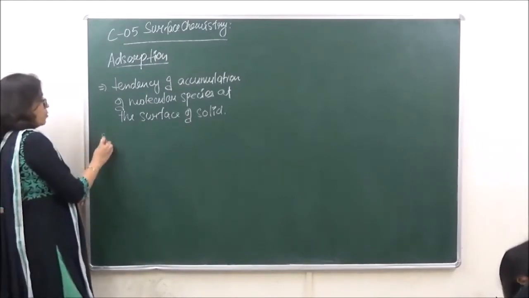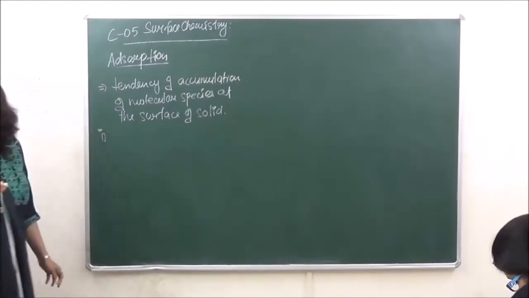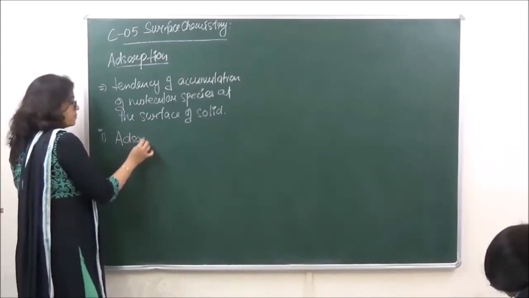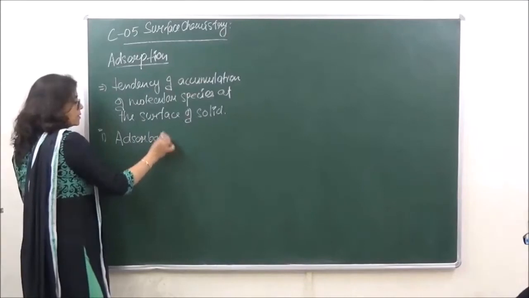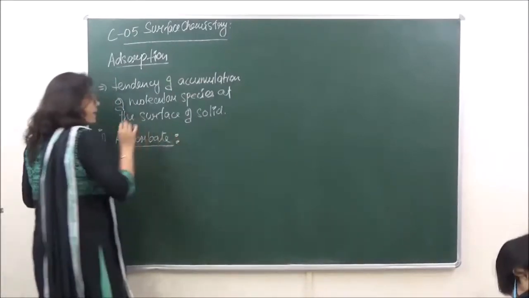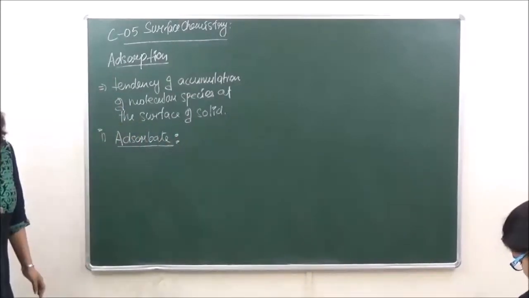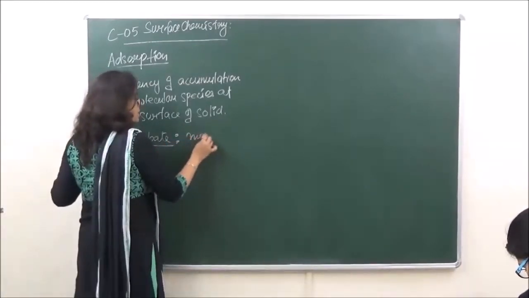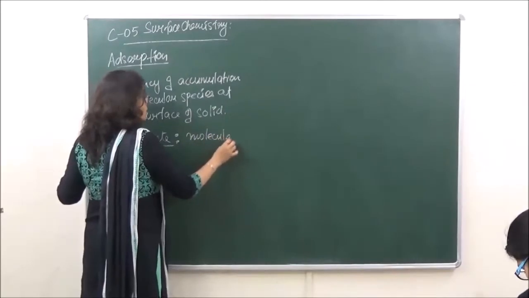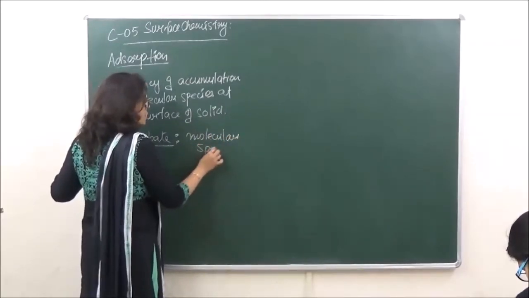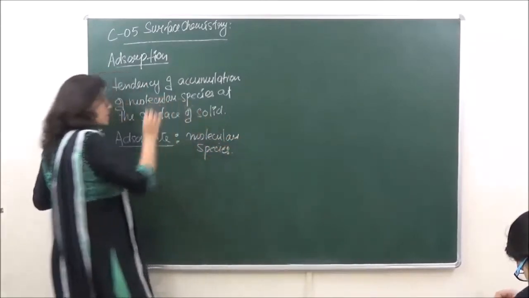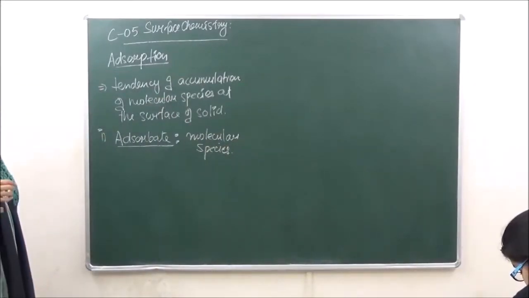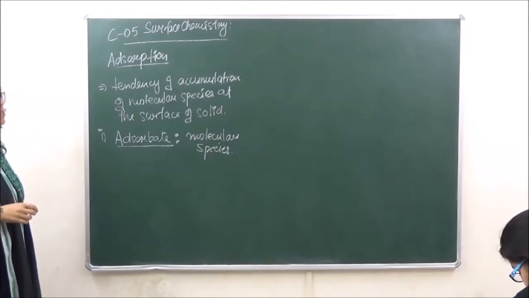In adsorption, we are going to study two terms further. The first one, that is adsorbate. What is adsorbate? It is the molecular species which is getting adsorbed, or which is getting accumulated on the surface.